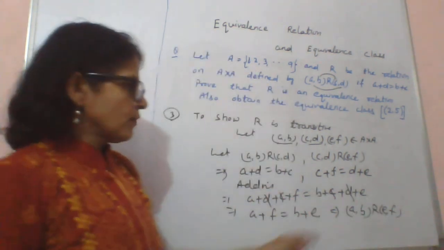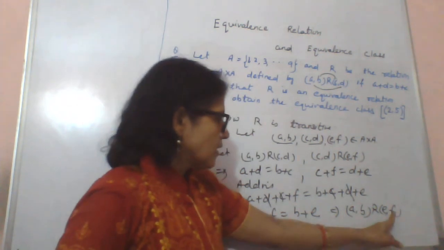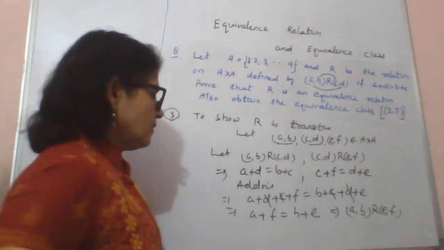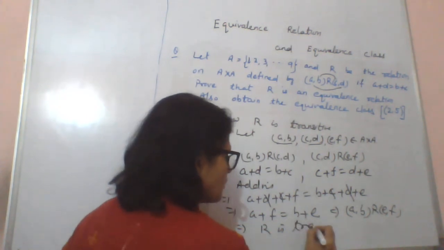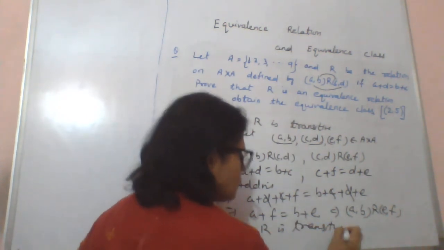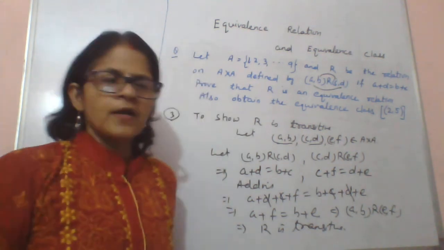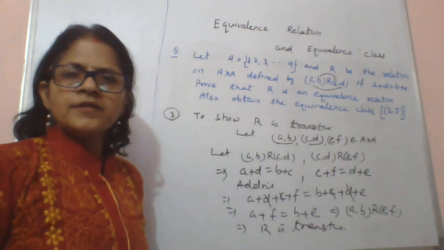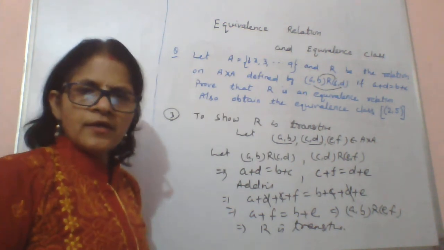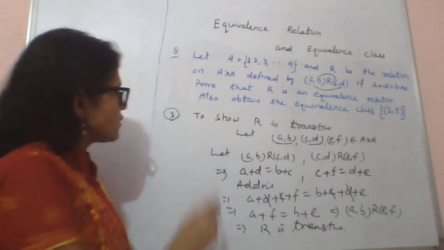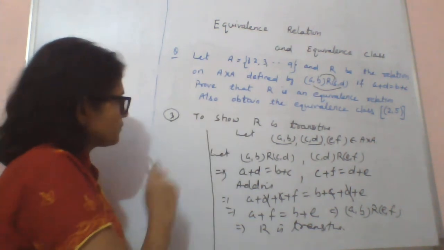So here also we can cross check. You see A plus F equals B plus E. So this implies R is transitive. So your conclusion for the first part is, since R is reflexive, symmetric and transitive, it is an equivalence relation. The first part of the question is over.